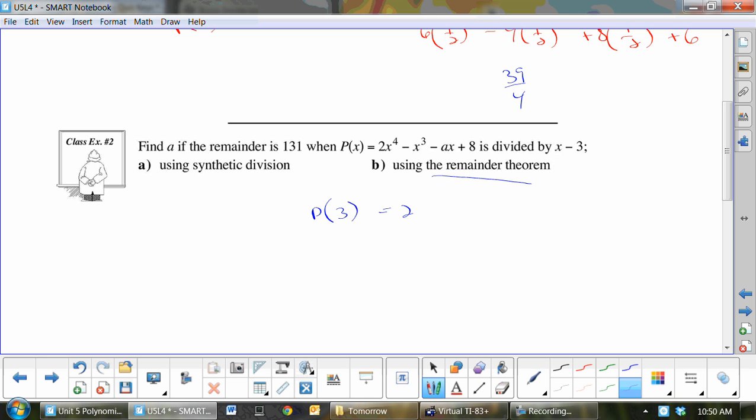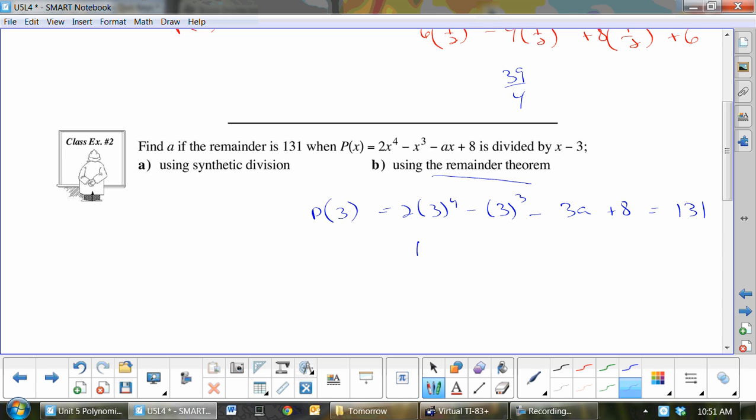So then I just go 2 times 3 to the 4 minus 3 cubed minus 3a, or a3, whatever you want, plus 8. And this is all going to equal 131. Remember, the remainder theorem states that if I put in the x minus whatever it comes up to, I should get the remainder, right?